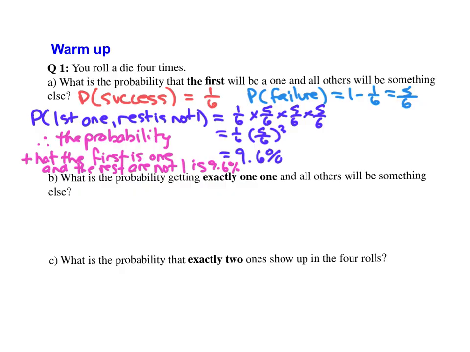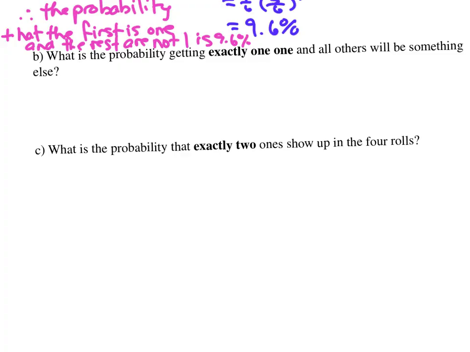Next question, what is the probability of getting exactly one 1 and all others will be something else? So we have exactly one 1, but it can be in any of 4 rolls. There are 4 different locations where the 1 could occur. I could have it in the first roll, the second roll, the third roll, or the fourth roll.